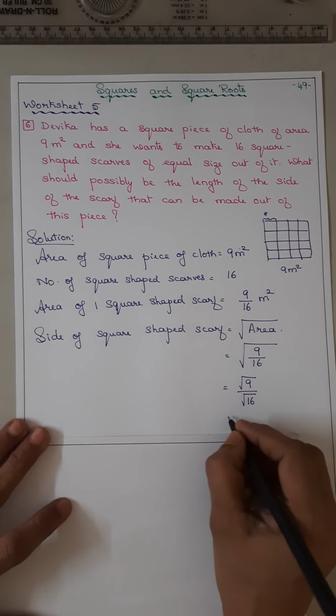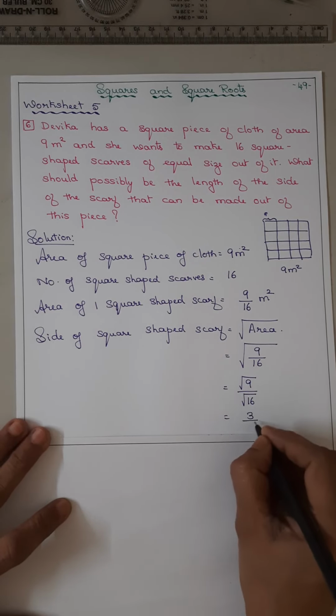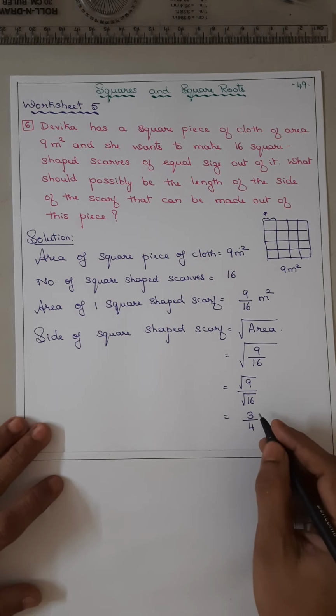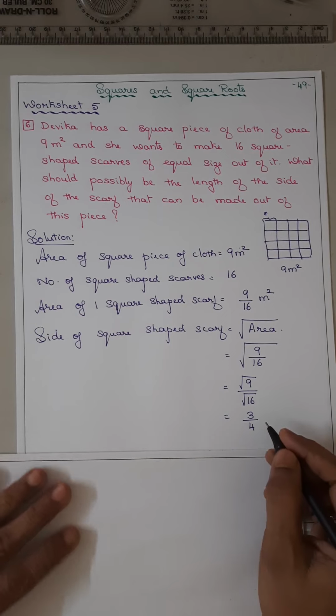That is 3 by 4. The square root of 9 is 3, and of 16 is 4.